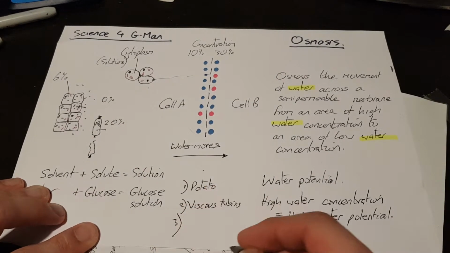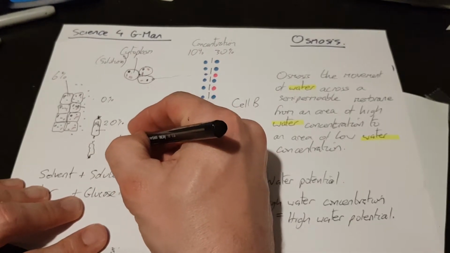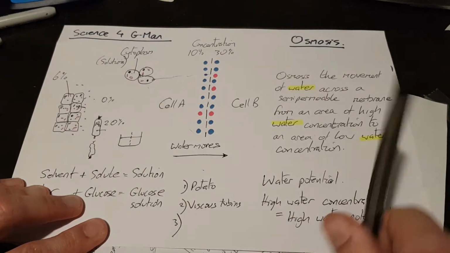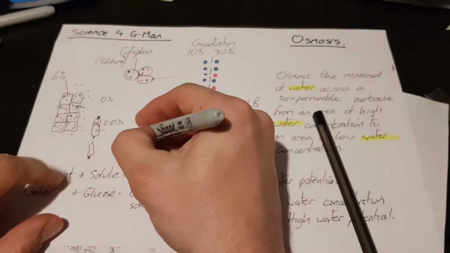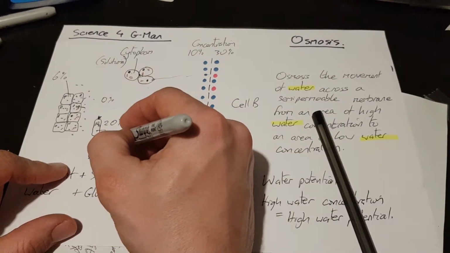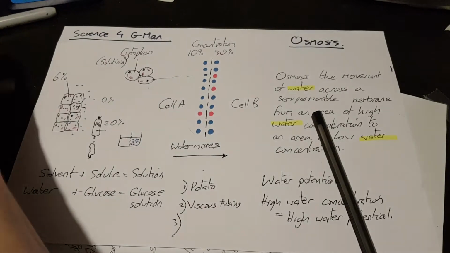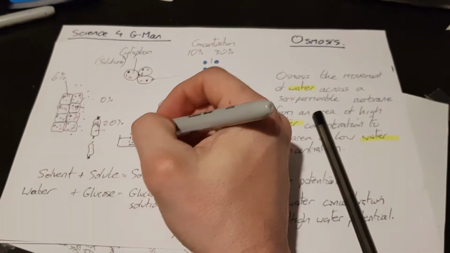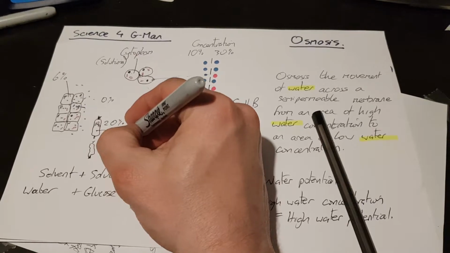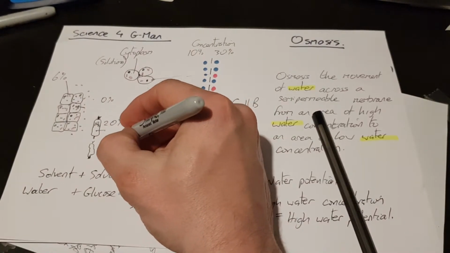The final experiment you might be asked about is what happens if you put a semi-permeable membrane, and this is water, and we say, right, we've got 5, 6, 7, 8, 9, 10% solution that way, and 1, 2, 3, 4, 5, 6, 7, 8, 9, 10.